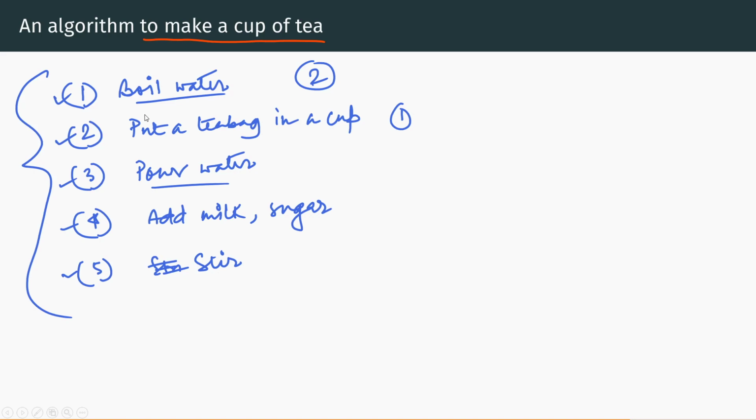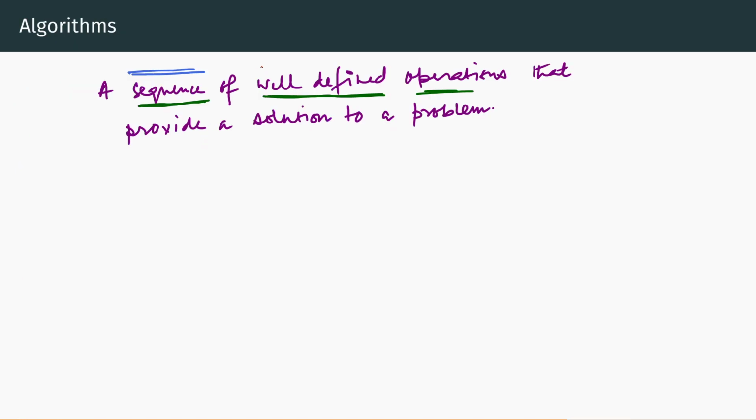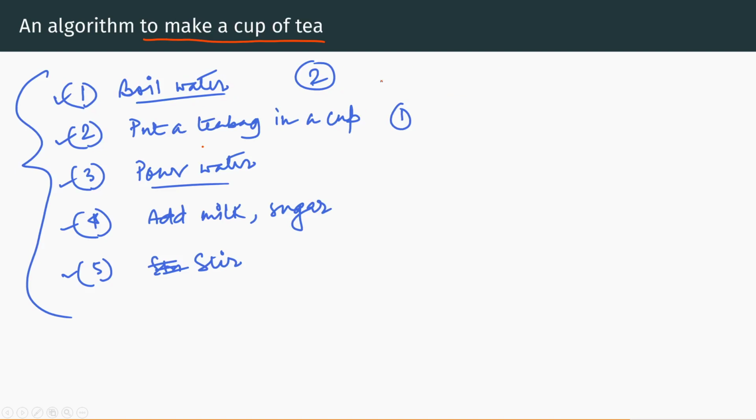Now the second part of this equation is well defined operations. So in this algorithm, you have boil water, put a tea bag in a cup, pour water, add milk and sugar, stir. When you give this sequence of operations to, let's say, your friend, you're teaching your friend to make a cup of tea.